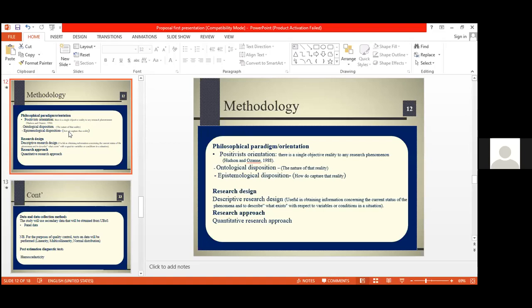So I suggest that we opt for explanatory research design rather than descriptive research design. At the moment, these are my comments, and I commend Joseph for the wonderful presentation.